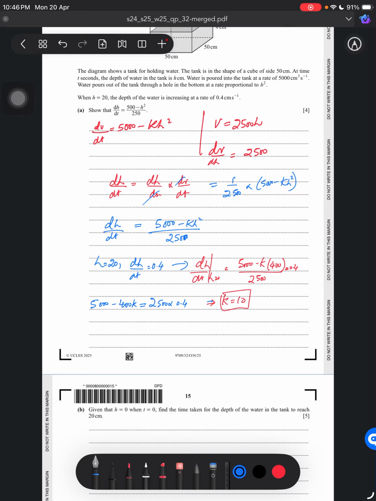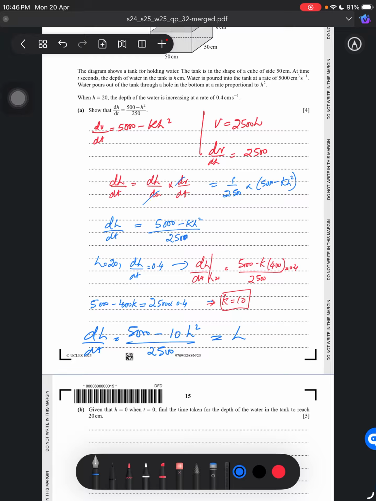So we have dh/dt equal to 5000 minus 10 root h over 2500. Now again, simple math, simple calculator.